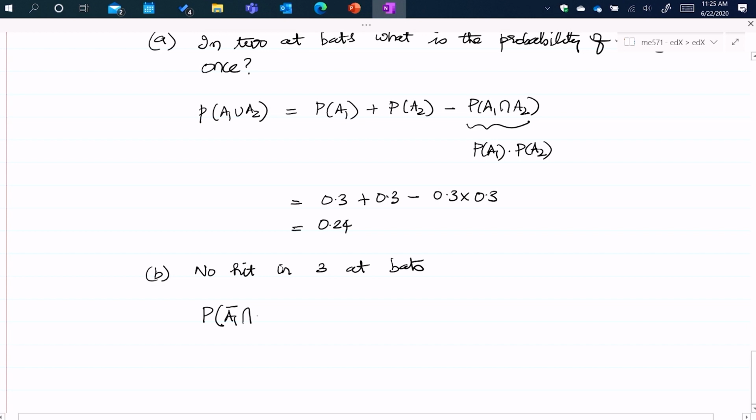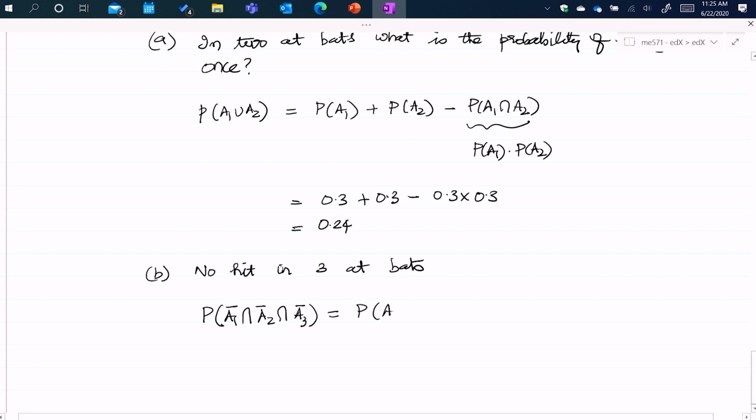Since we are defining the events through 'and', we need to put intersection: the player would not hit in the second at-bat, and would not hit in the third at-bat. If A1, A2, A3 are independent events, so are A1 complement, A2 complement, and A3 complement. Not hitting are also independent events.